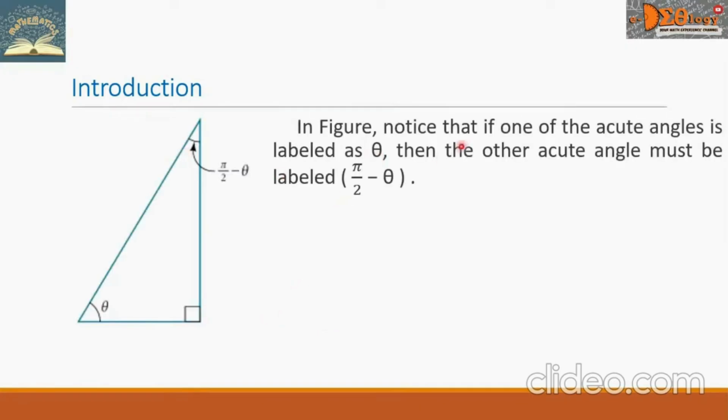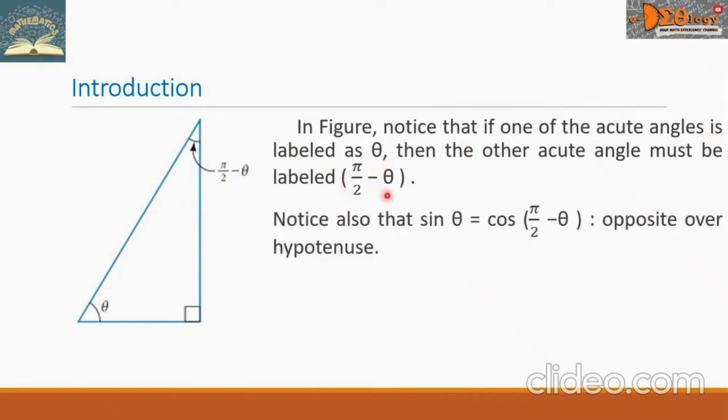In the figure, notice that if one of the acute angles is labeled as theta, then the other acute angle must be labeled pi over 2 minus theta. Notice also that sine theta equals cosine of the angle pi over 2 minus theta. Sine theta here is the opposite over hypotenuse.